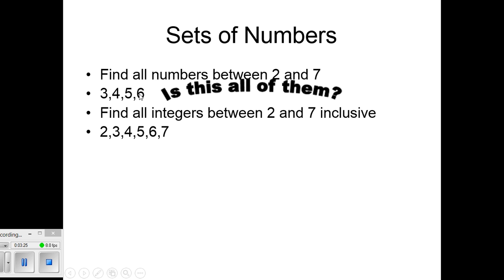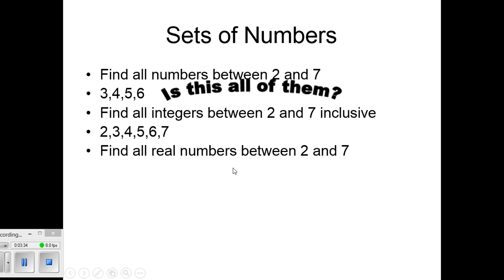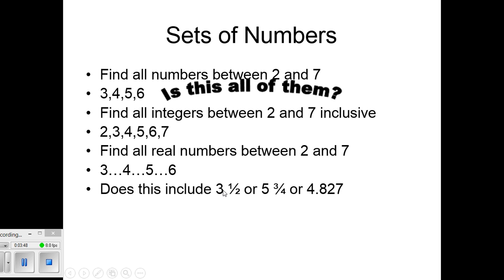But again, come back to this. Find all numbers between 2 and 7. That might be problematic. Well, not really. Now here we go again trying to express them. Does this express them? Do we know that this implies everything between 3 and 4? What about the numbers between 2 and 3? This won't do, will it? These are values that are here, but is it understood that this means these numbers as well as additional numbers?